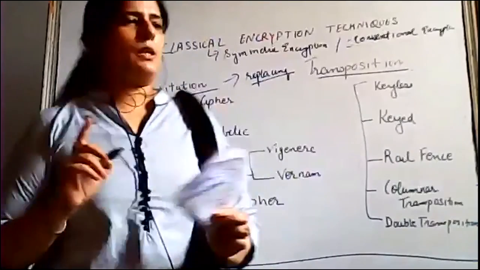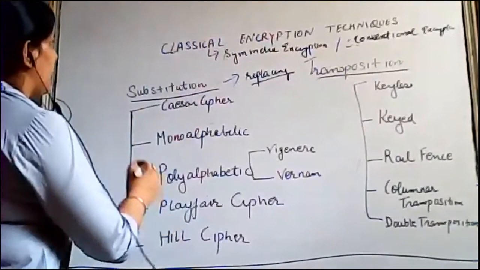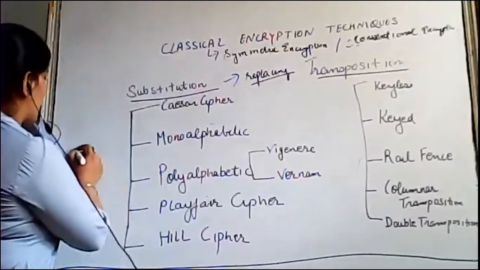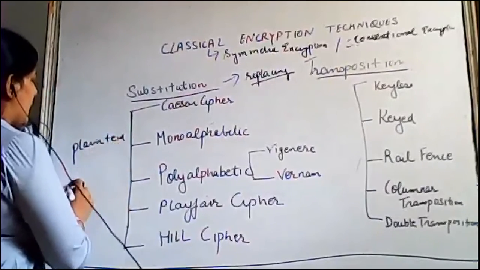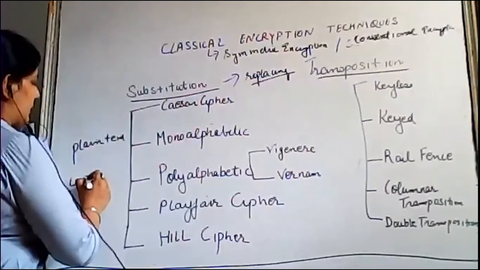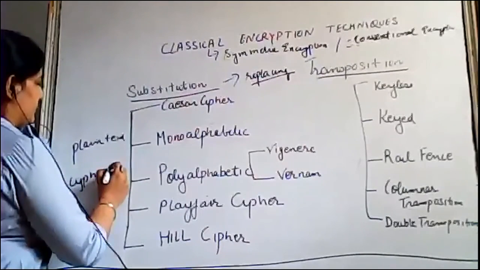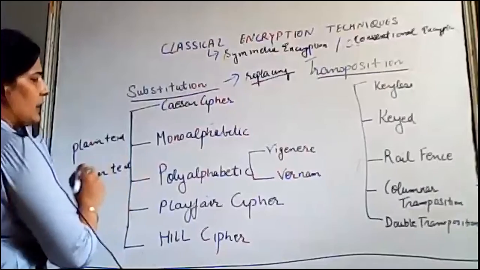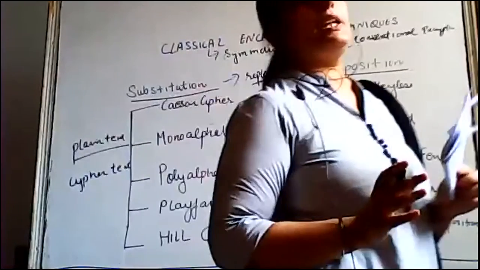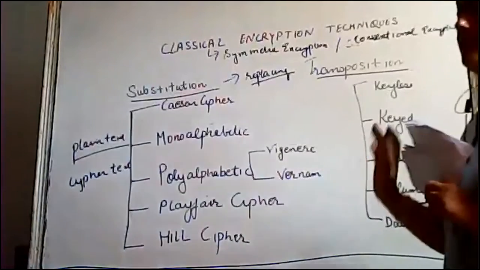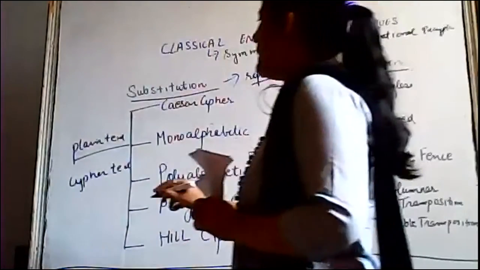Now there are terms that we will be using again and again in this encryption technique. One is plain text, another one is ciphertext. Clear? So what is plain text? That particular text that you need to encrypt. And what is ciphertext?